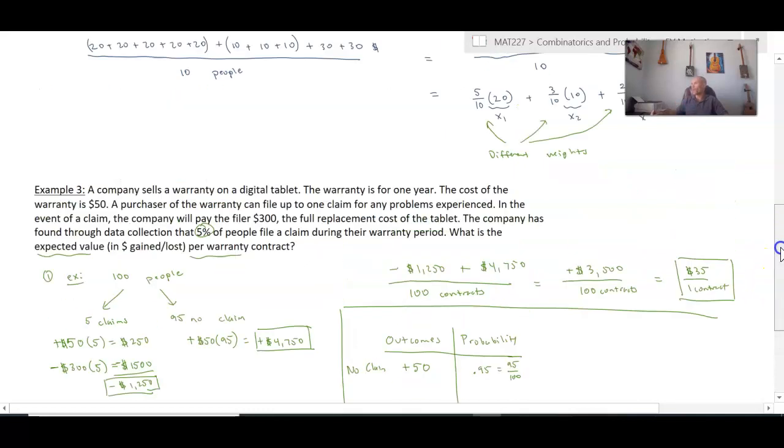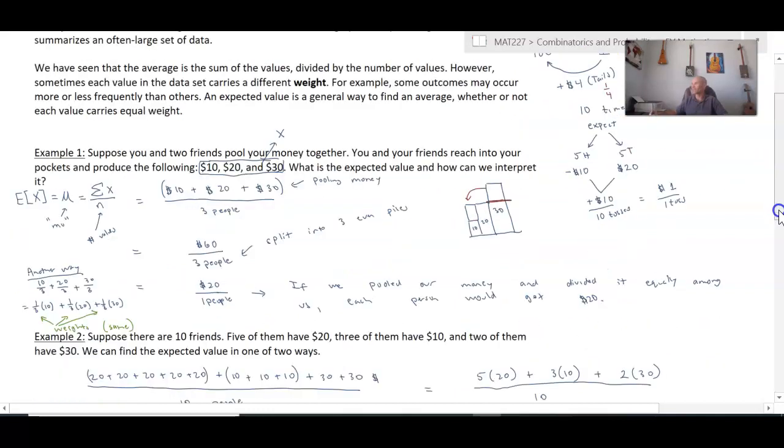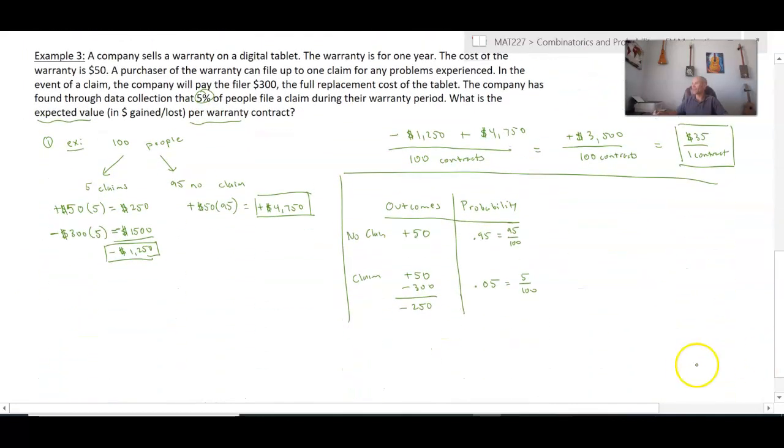So we can come back over here and notice that in our coin toss example, instead of having weights of 1/2 and 1/2, we had 3/4 and 1/4. So we'll come back to this to see whether that is a fair game for you as the player versus for me as the player.